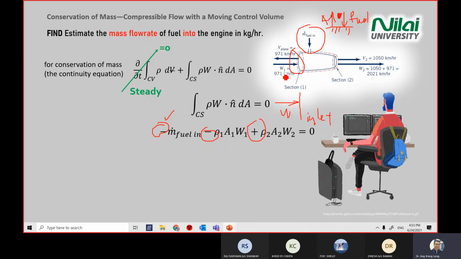We are focusing on W here, which is the relative velocity. W fluid, your fluid or your air, is going into the surface, and the outlet area will always be pointing out of its opening. So the area here is pointing out. So you look at the arrow, opposite direction, you get a negative sign.